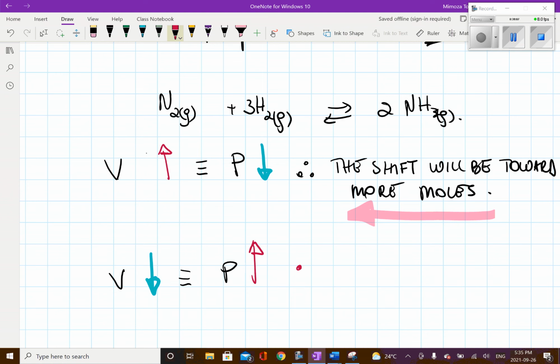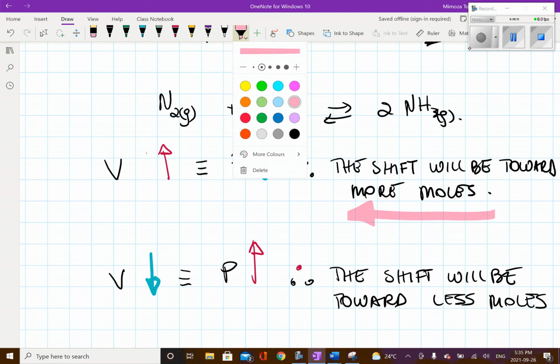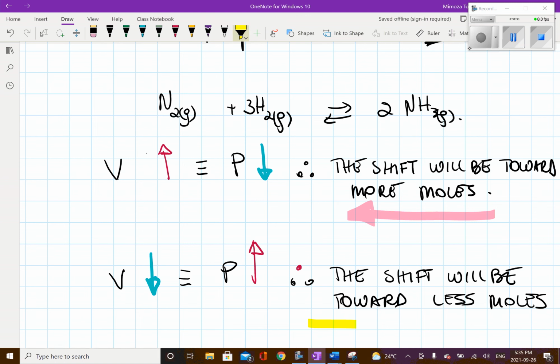Therefore, the shift will go toward fewer moles, which in our case is a shift to the right. Okay.